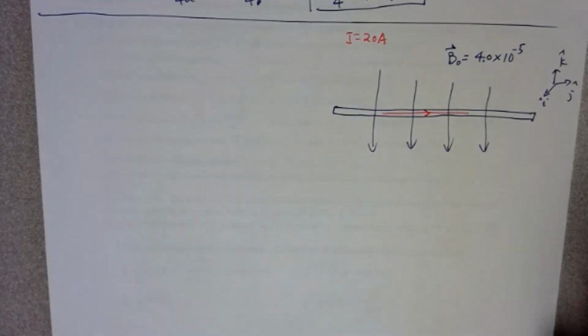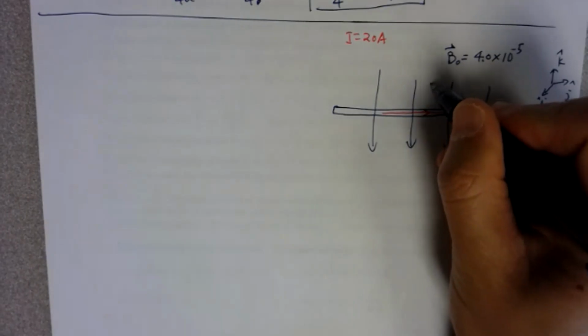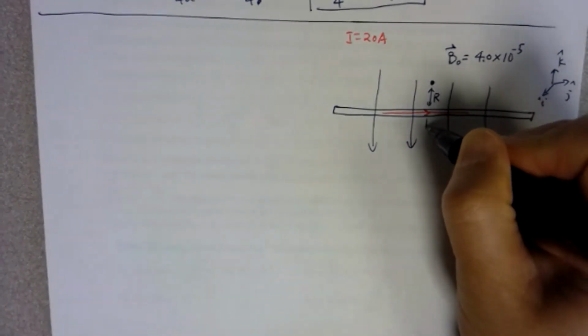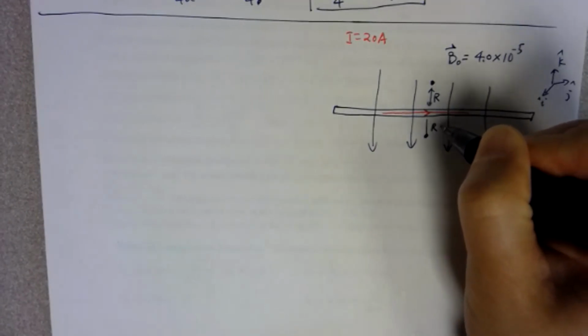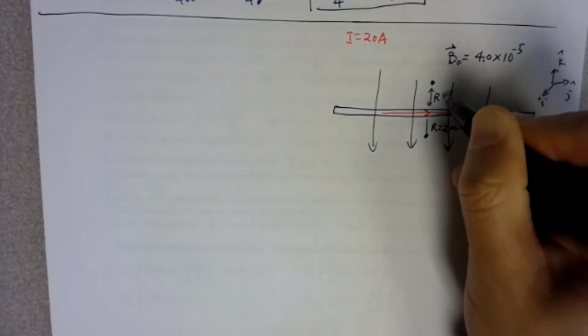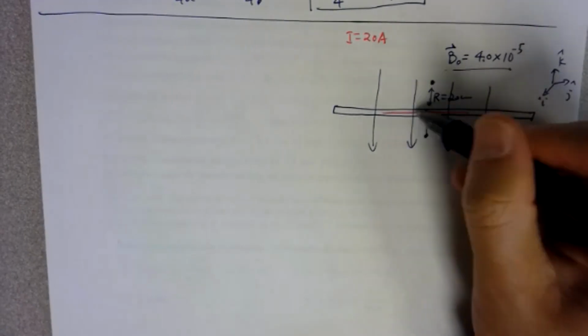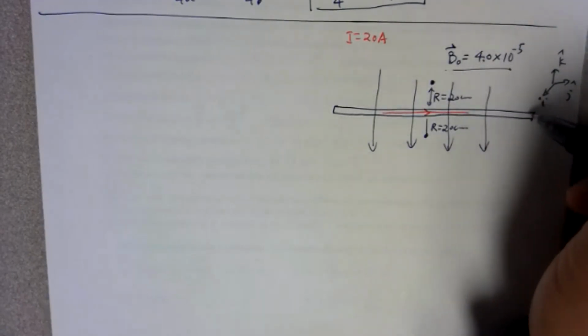It says 20 centimeters above, so this will be distance R, and also 20 centimeters below. So we have the external magnetic field, and the magnetic field caused by this wire.